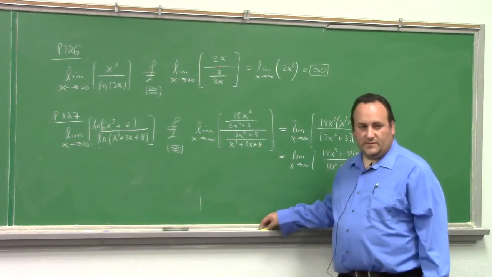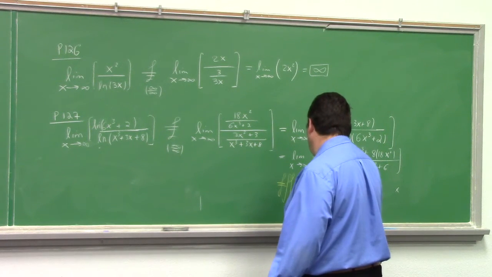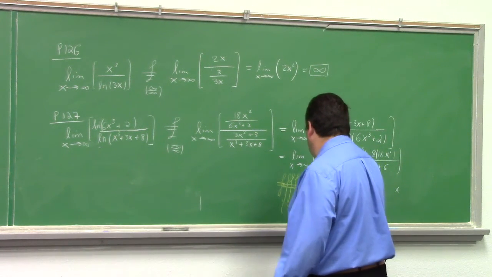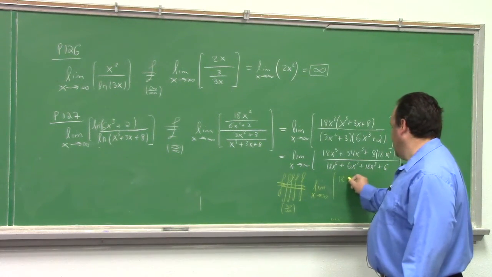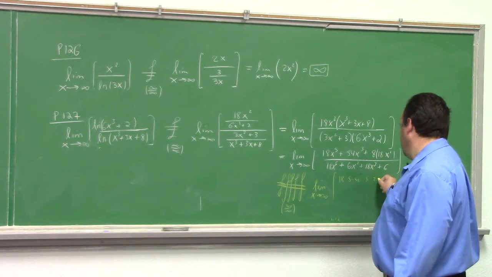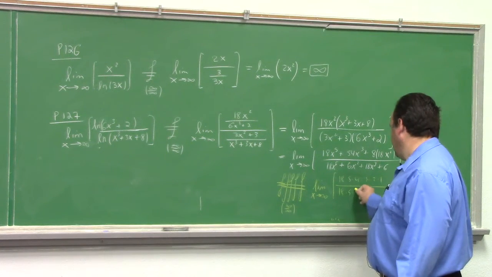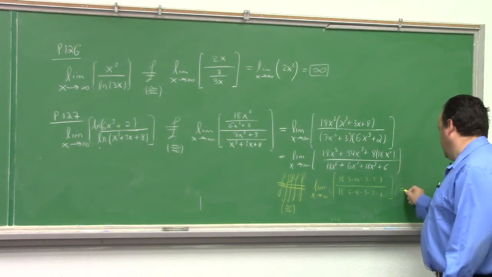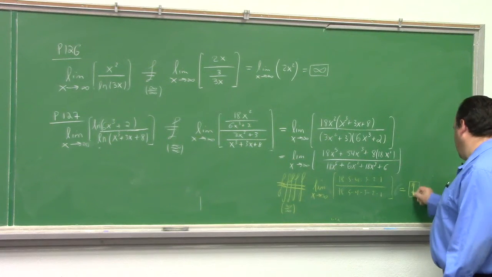Now you could do this one with algebra, or you could just apply L'Hopital's rule 5 times. And after the fifth application of L'Hopital's rule, all of them type infinity over infinity, you'd have 18 times 5 times 4 times 3 times 2 times 1 over 18 times 5 times 4 times 3 times 2 times 1. And so the answer would be 1. But anyway.